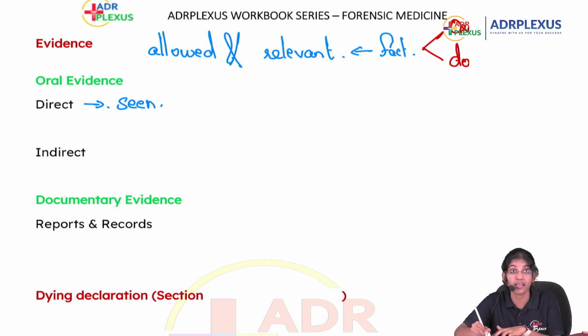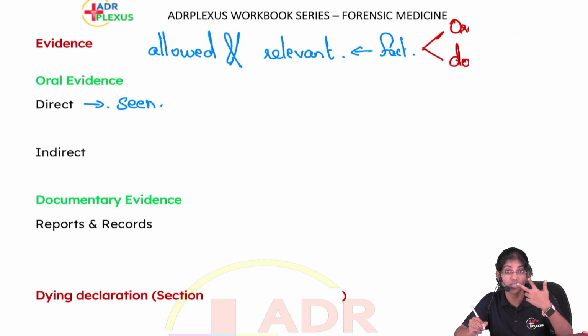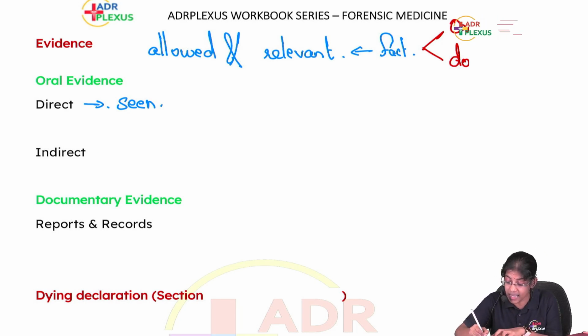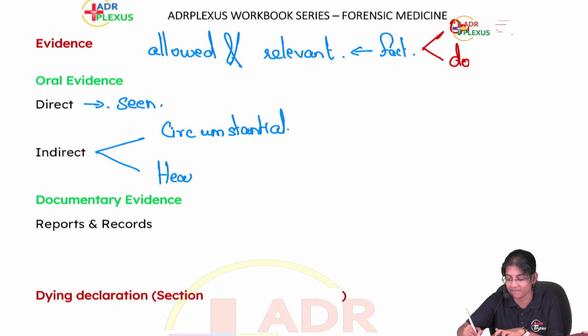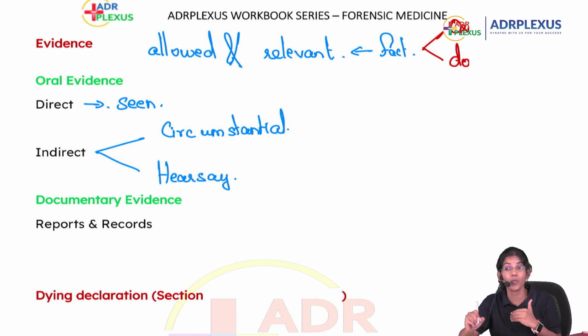Indirect, now you remember again, we are talking about someone seeing something. Indirect can be of two types. It can be circumstantial or it can be hearsay, right? Now, what do we mean by it?